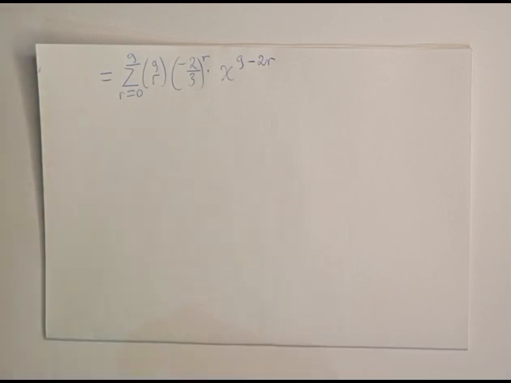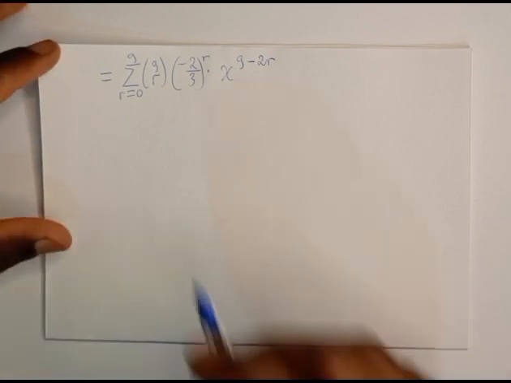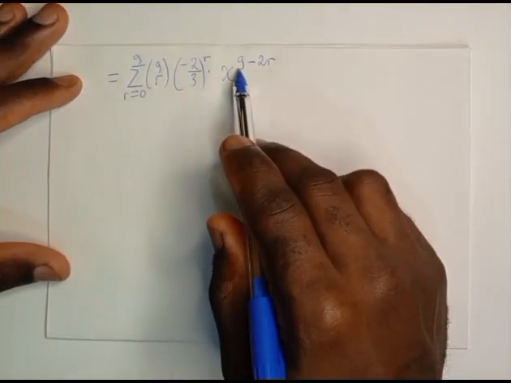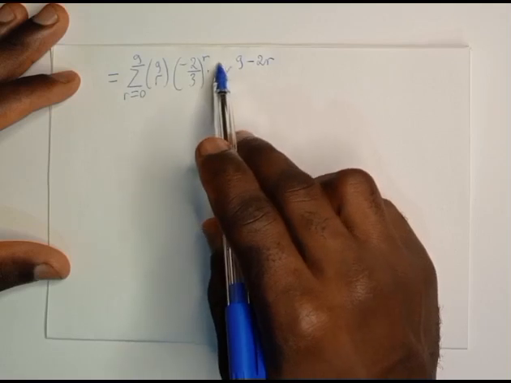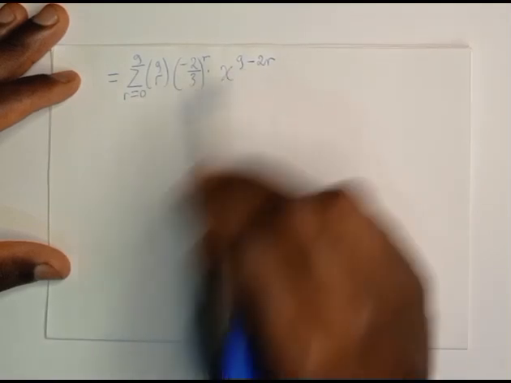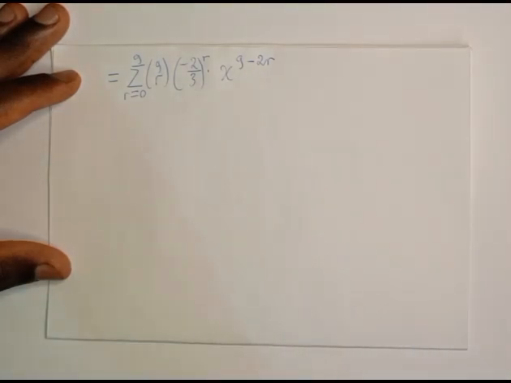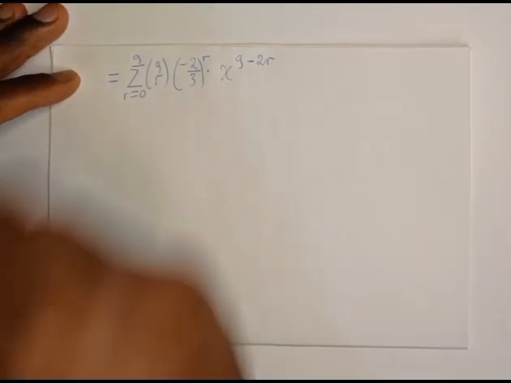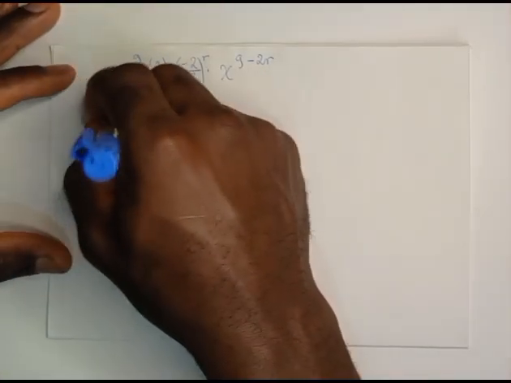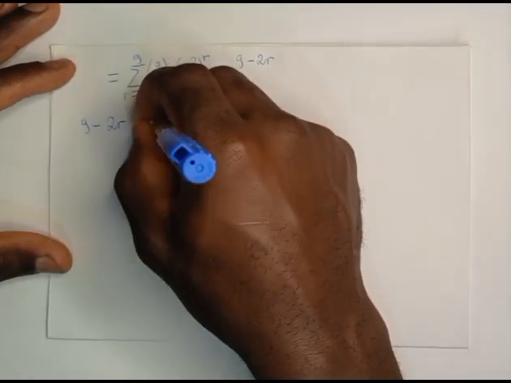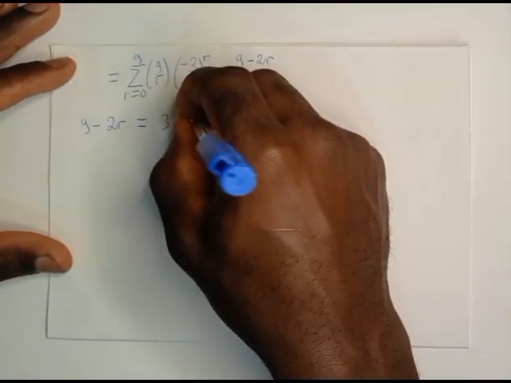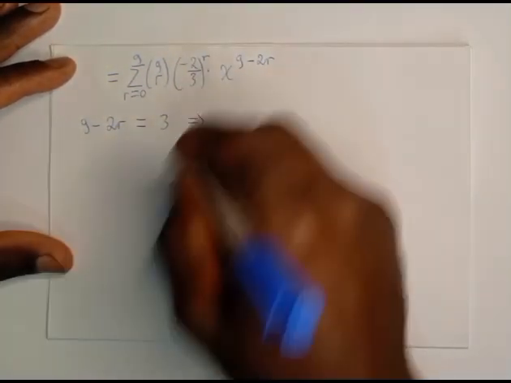We have to find the coefficient of the term in x cubed. For us to get the coefficient of the term in x cubed, it simply means the power of x must be 3. We are going to equate 9 minus 2r to 3 to find the value of r. Then we have to solve for r.